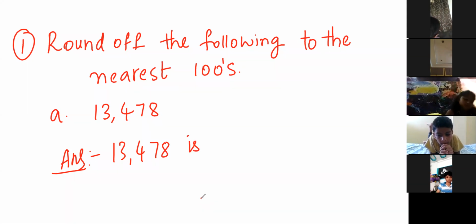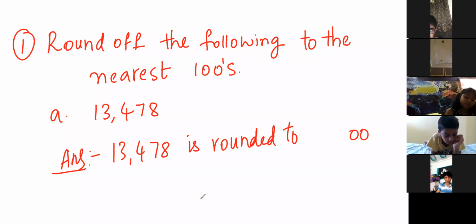Look at the number in the tens place. It's 7. 7 is greater than 4, right? Then immediately add 1 to 4 which is in the hundreds place. It becomes 5. Then 13,500. The answer is 13,500. 13,478 is rounded to 13,500.